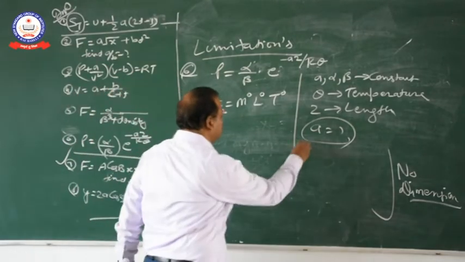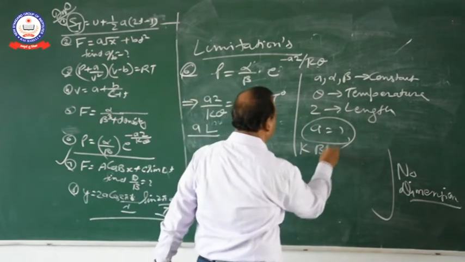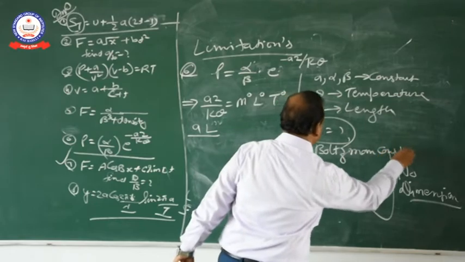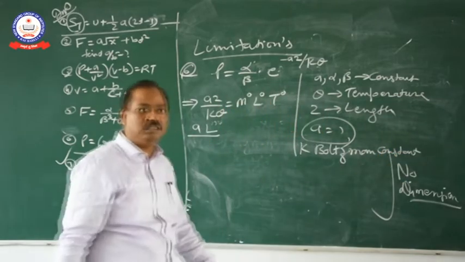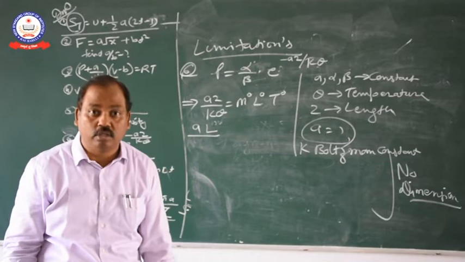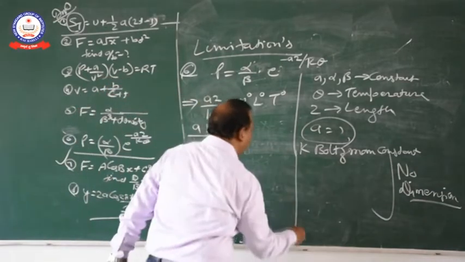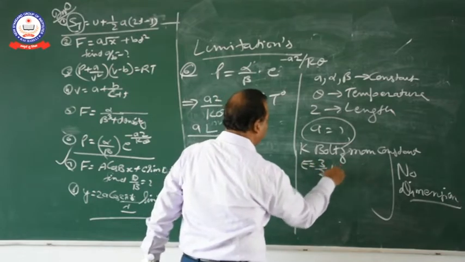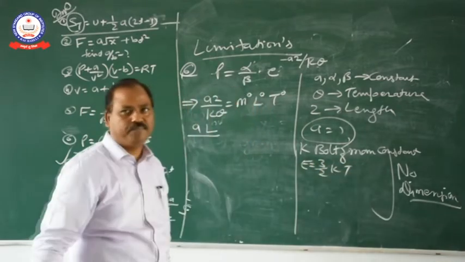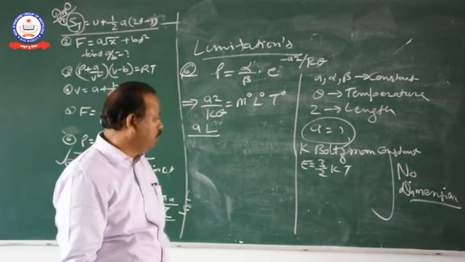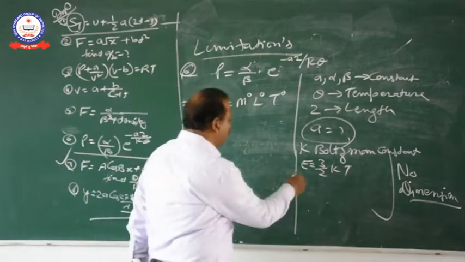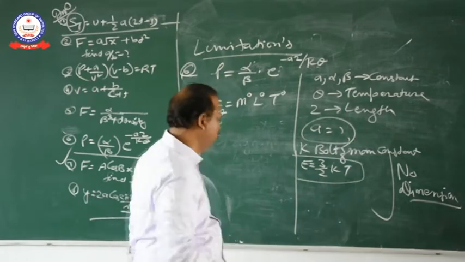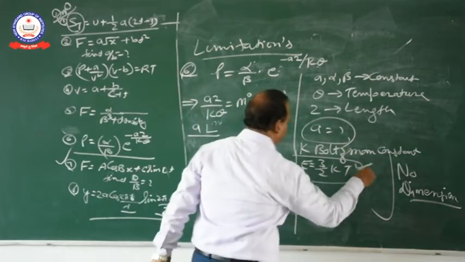Here E is equal to 3 by 2 kT. ये फार्मूला नेक्स्ट गैसेस लॉ में है, इस फार्मूले को आपको लर्न करना होगा यहाँ.